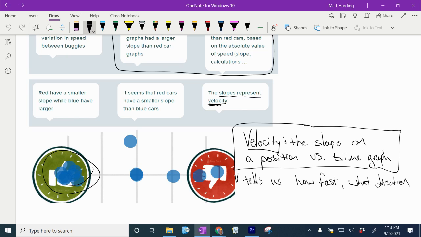Vertical intercept represents starting position. So that's what I'm talking about when I say the meaning of the vertical intercept. The meaning of it here is where you started. So we got that bit figured out, and then we can take a gander down here at the equations.